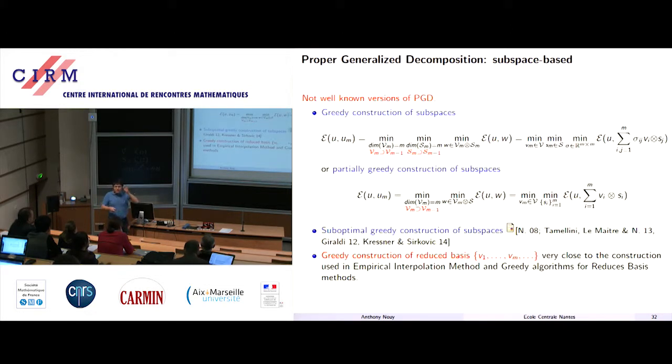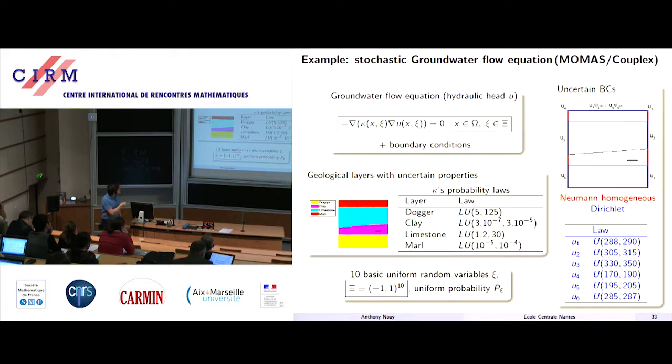In another language, these algorithms are algorithms for the greedy construction of a reduced basis. The reduced basis spans the spaces V_m that are constructed by these algorithms, which are suboptimal subspaces, but still quite good subspaces. Here I have the illustration of a complex test case. Here you have several random variables. I mentioned the variability in the diffusion coefficient in your layers, but also you have uncertainties in the boundary condition of this problem.